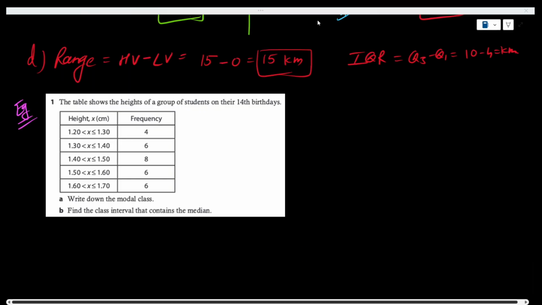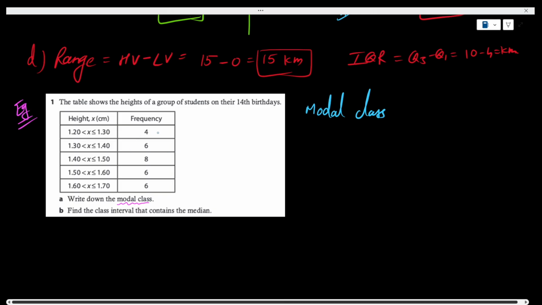Now, this is the next question. If you see, again, the grouped data is already given. And here we are taking the modal class. Sometimes you get 1 mark for this question, finding the modal class. Now, the modal class is the class interval with the highest frequency, not the cumulative frequency, because the cumulative frequency will be highest in the last interval.